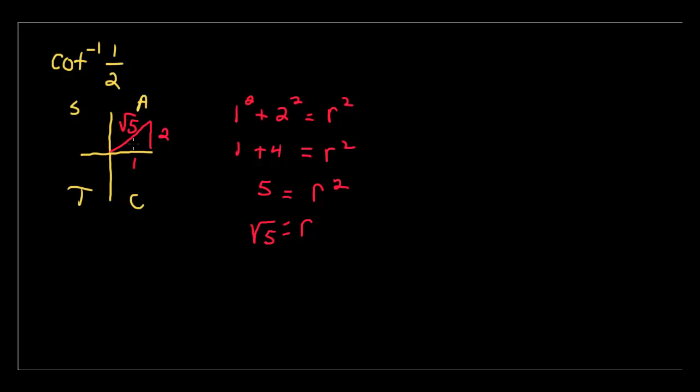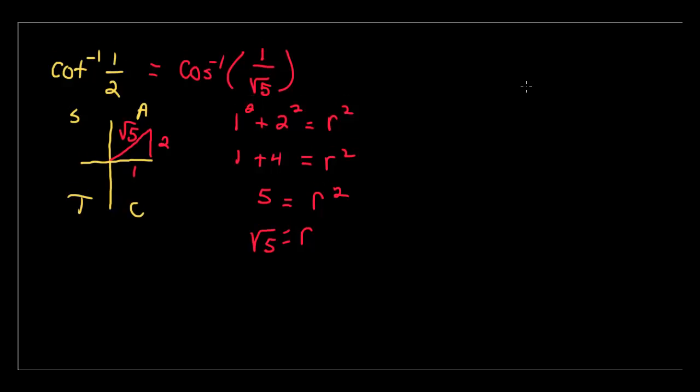Now, the inverse cotangent of 1/2 is going to be the same as the inverse cosine of 1 over the square root of 5, which is adjacent over hypotenuse. So now we use our calculator, making sure it's in radian mode.